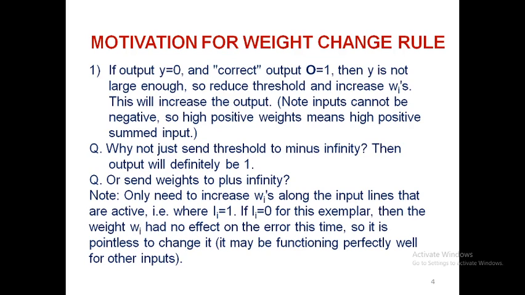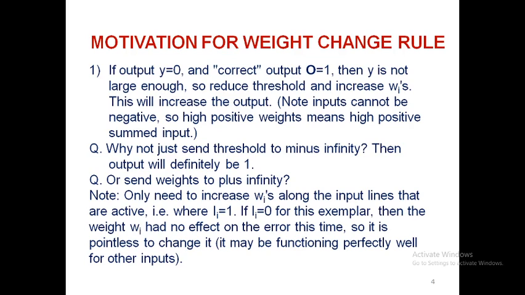If your input is equal to 0, what is the purpose in changing the corresponding connection link weight? Anyway, the 0 input is multiplying with the corresponding weight, whatever the value of that particular connection weight may be, and the product wi xi is equal to 0. Let us take w1 into x1. If x1 is equal to 0, irrespective of your w value, your product will be equal to 0. In that case, there is no meaning in changing the weight values.